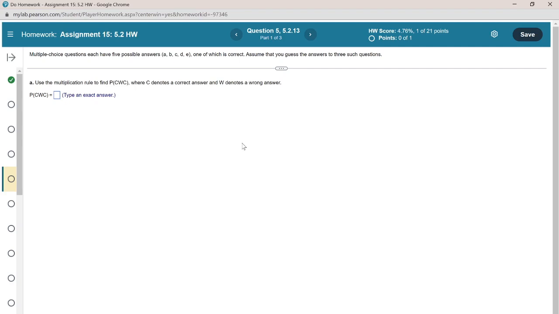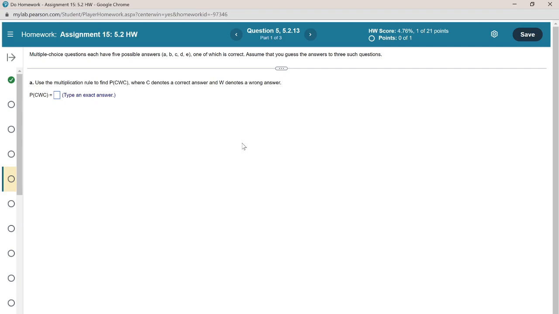There is a multiple choice question and there are 5 options available, and one of the answers is right. So the chance of getting it right is 20%. Out of 5, if 1 is right, it's 1 out of 5, which is 20%. And the chance of getting it wrong is 80%, because 4 out of 5 would be wrong.